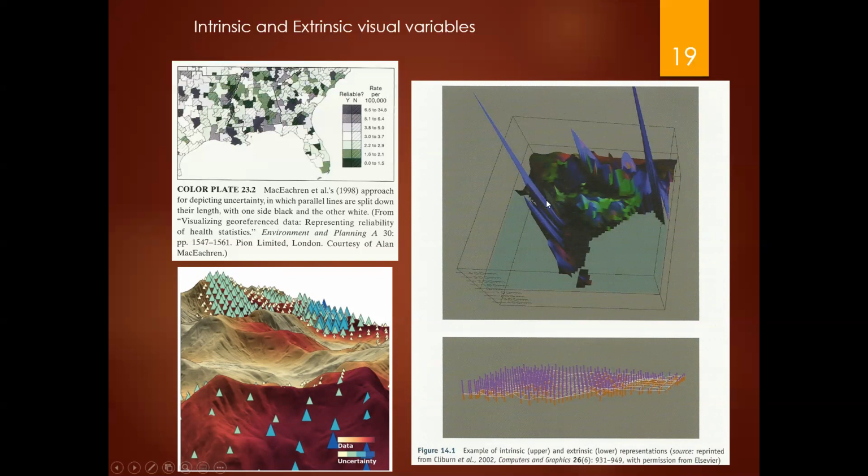The higher the spike, the higher the uncertainty, right? And the bottom is for the same variable within the same area, but here we use a new symbol, which is a bar, to show uncertainty. So this is an example of an extrinsic variable for addressing uncertainty.